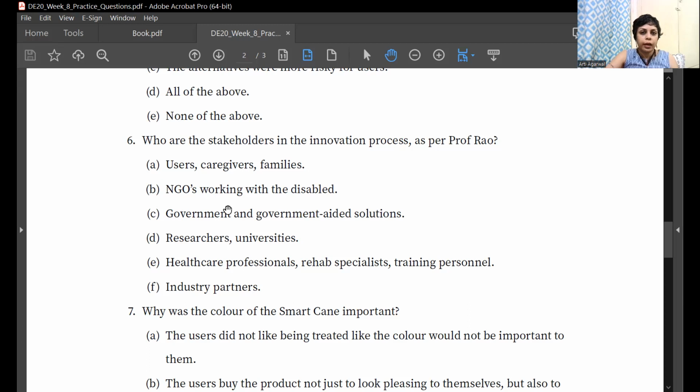So they definitely have to be not just consulted, but made a stakeholder. We're talking about stakeholders here. They don't just need to be consulted, they need to be made a part of the whole design and innovation process.